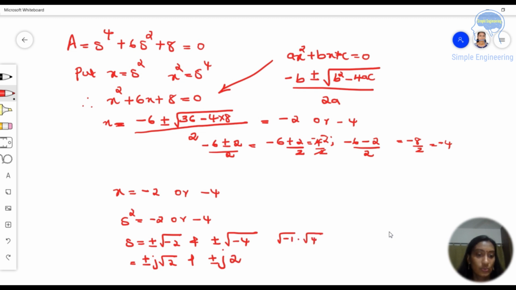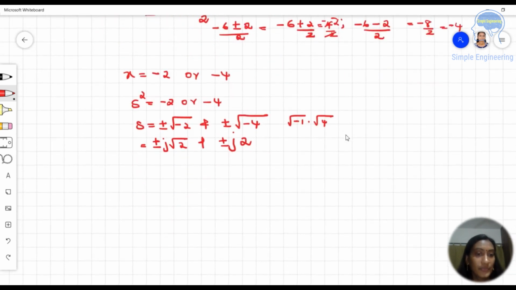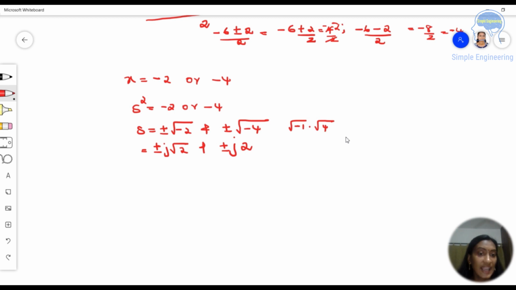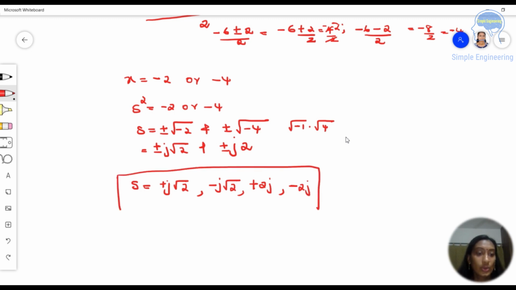Root 4 is 2. So we can write this as s is equal to plus j root 2, minus j root 2, plus 2j, minus 2j. These are the 4 roots of the auxiliary polynomial.